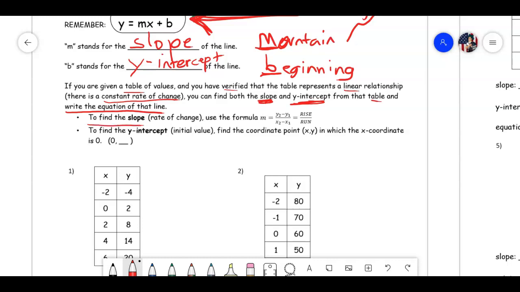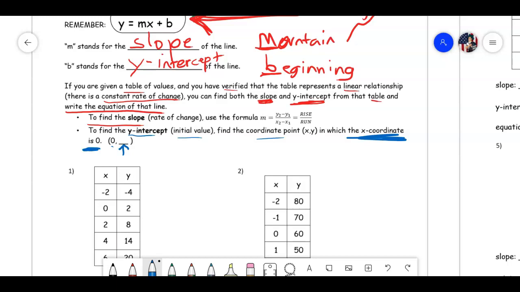You can do it. Bird beaks, change in y over change in x, right? So we know how to do that from last week, but here's the new thing. Y'all ready? To find the y-intercept, the initial value, you have to find the coordinate point where the x coordinate is 0. So on the table, when you see x is 0, that is the y-intercept, okay?